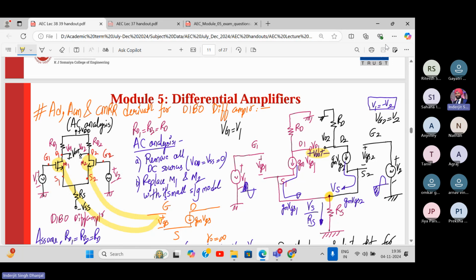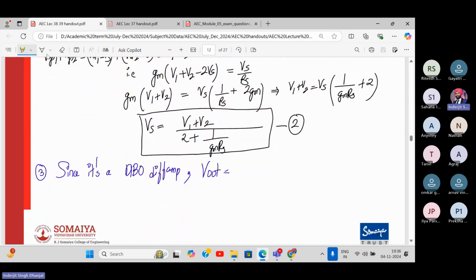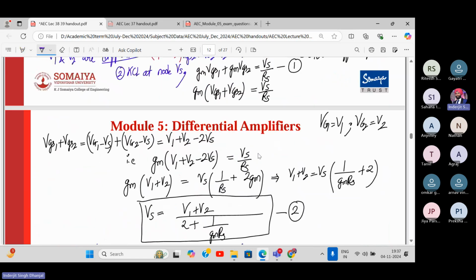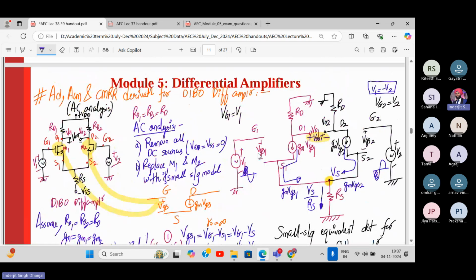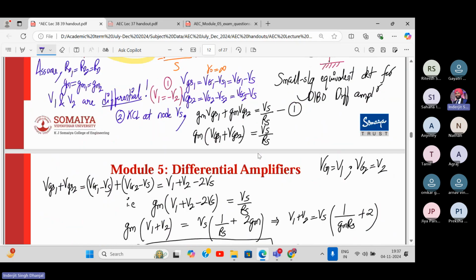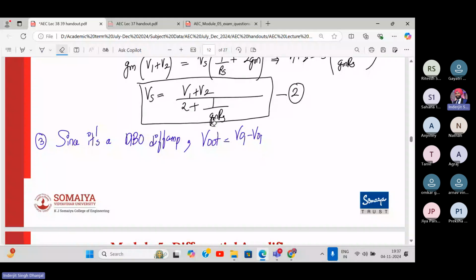Agree? Actually, we can do it the other way around also, whatever the case. If we do VO1 minus VO2, it might come negative, but that's okay. So it's VO1 minus VO2.